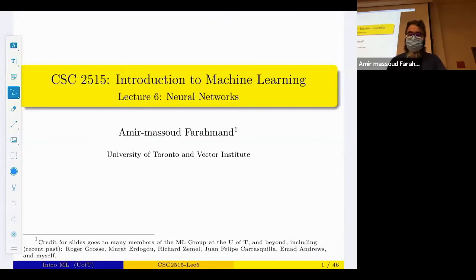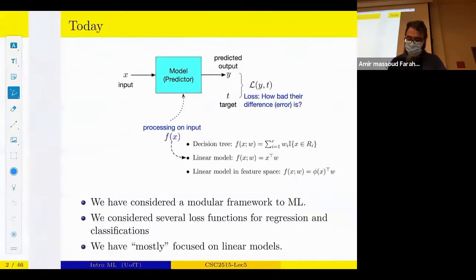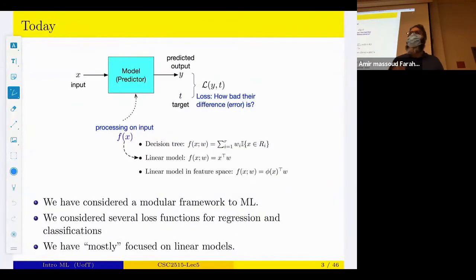So, neural networks. Let's go back to where we started a few lectures ago, this modular approach to designing a machine learning algorithm.